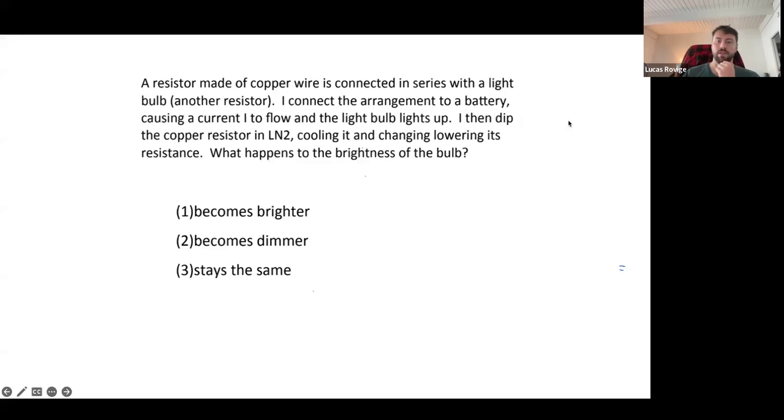And then we dip the copper resistor in some liquid nitrogen, so a very cold material.